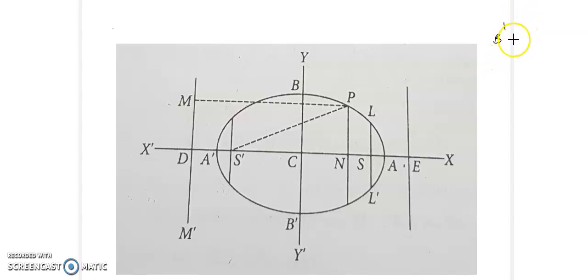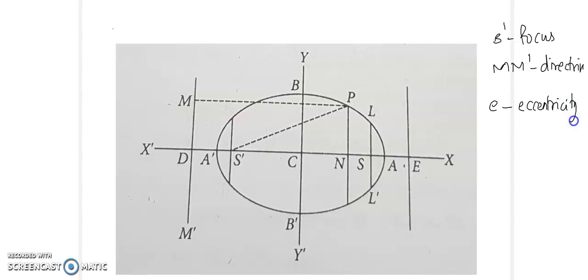So now for deriving the equation, let me take the focus S dash. So S dash is the focus and the line M dash is going to be the directrix. So S is the focus and M dash is the directrix, and I'll call E the eccentricity.